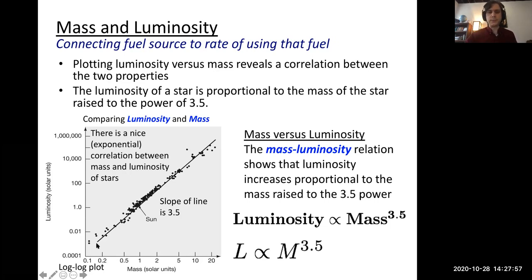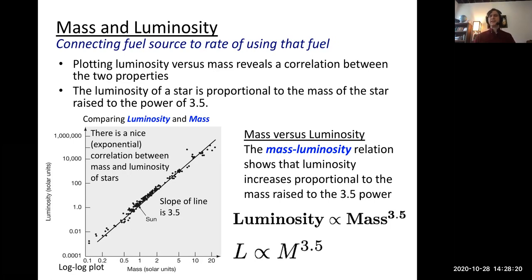Whenever you plot something like this and you have a line with a slope of 3.5, that means that the luminosity is proportional to the mass raised to the 3.5 power, to the exponent of 3.5. So here we see a connection between the mass and the luminosity.